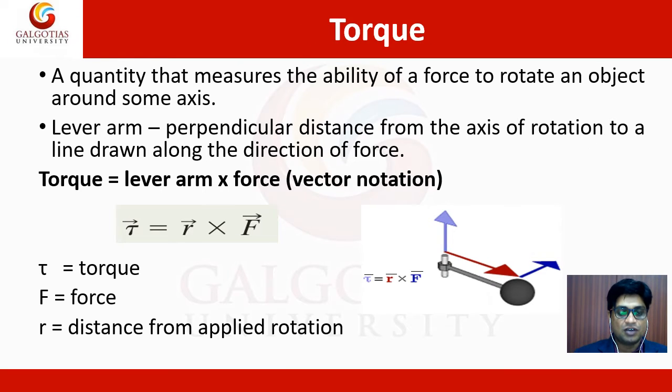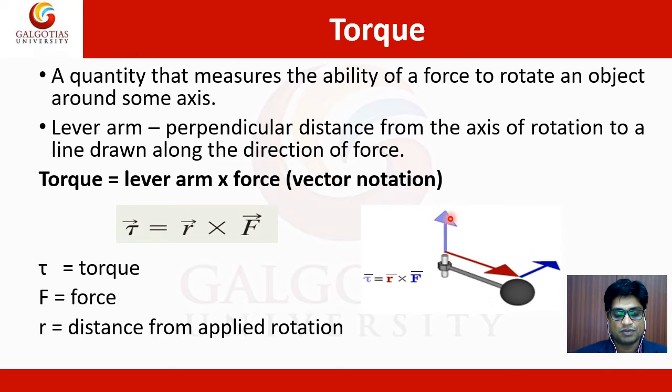Let's define torque. By definition, a quantity that measures the ability of a force to rotate an object around some axis is known as torque. Here the lever arm is the perpendicular distance from the axis of rotation to a line drawn along the direction of the force.